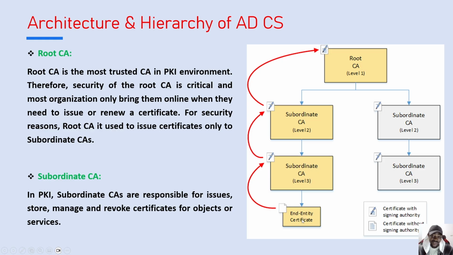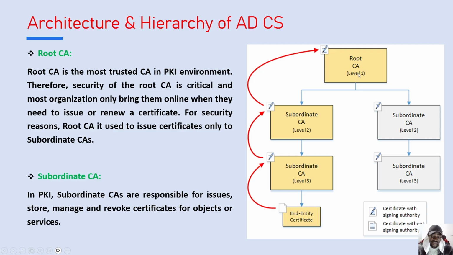Most of the time, for security purposes, companies will power off the root CA. They will only power it on when they need the root CA to renew the certificate of its next subordinate. So in companies we need to make sure the root CA is always powered off.